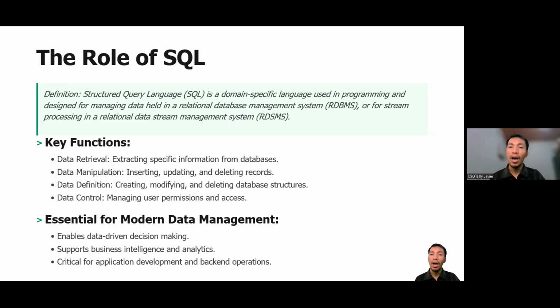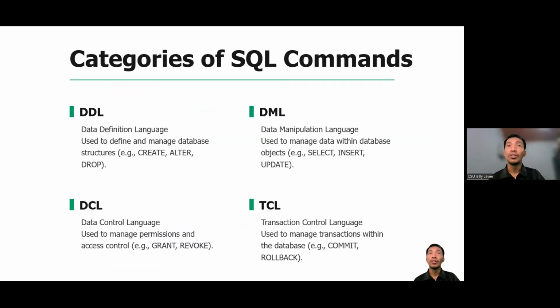But how do we categorize these diverse functions? To grasp SQL's capabilities, we categorize its commands. We have the DDL, or data definition language, for creating and modifying database structures. We also have the data manipulation language, or DML, which handles interactions with actual data records.